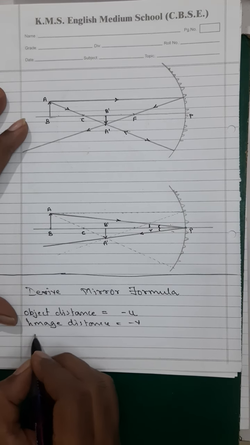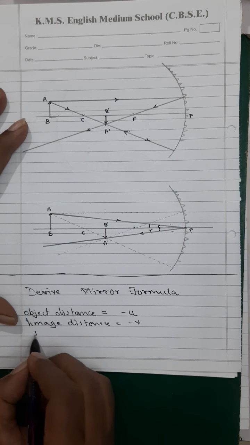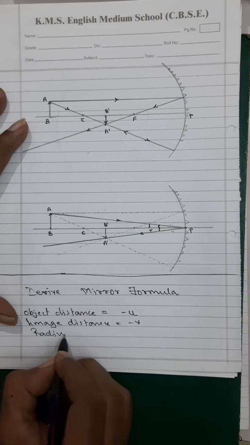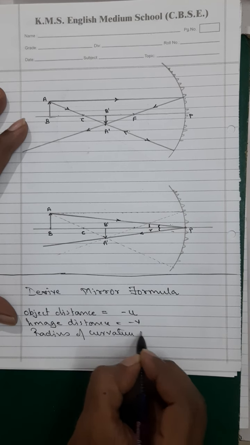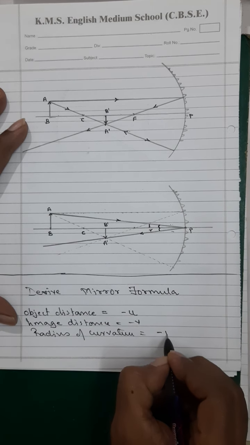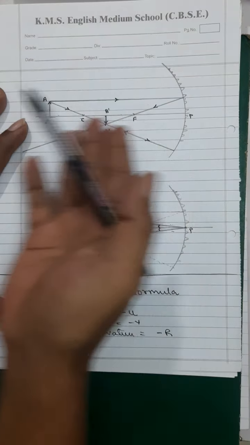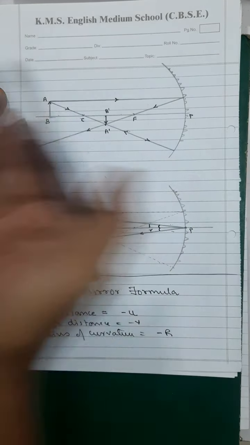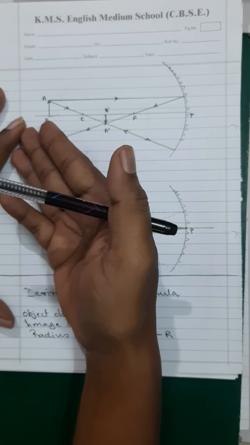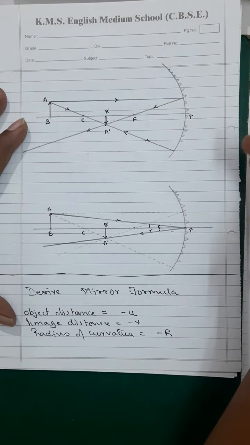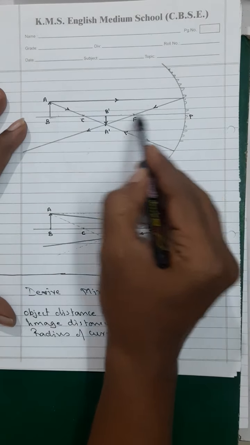Now here one more thing, the radius of curvature, you have to remember this, is basically r, but that also will be minus r, just because everybody is on the left hand side, we are moving on the left hand side. Or we can also say direction opposite to the incident ray. The incident ray is coming in this direction and you are traveling in this direction for the radius of curvature.